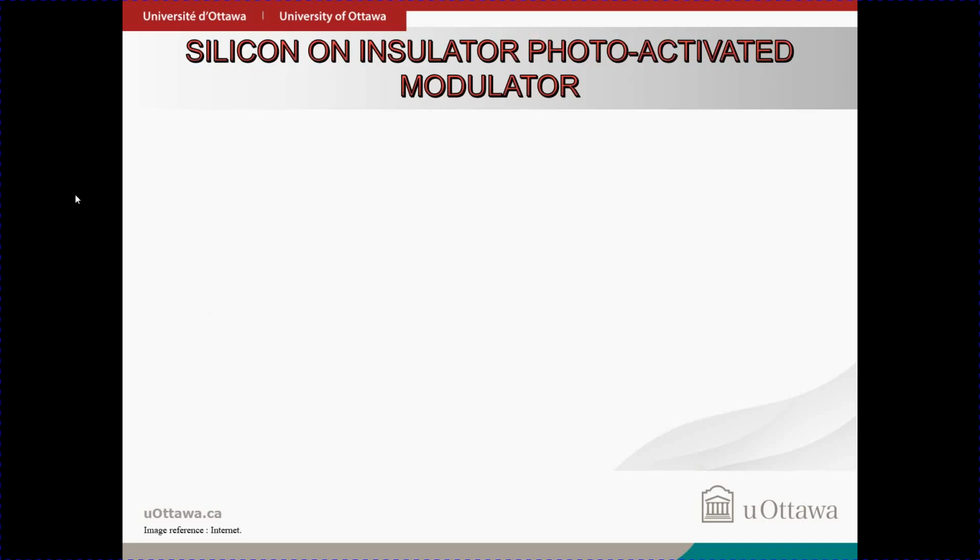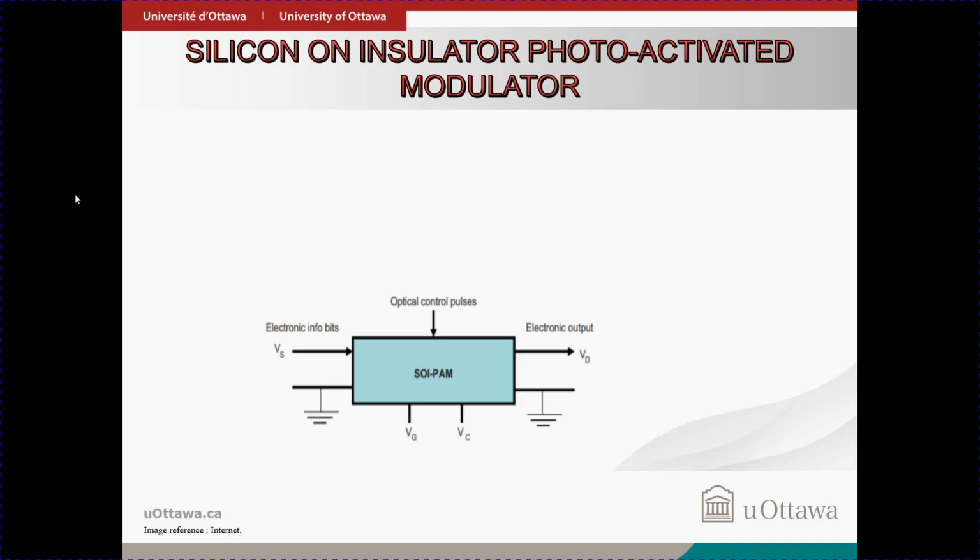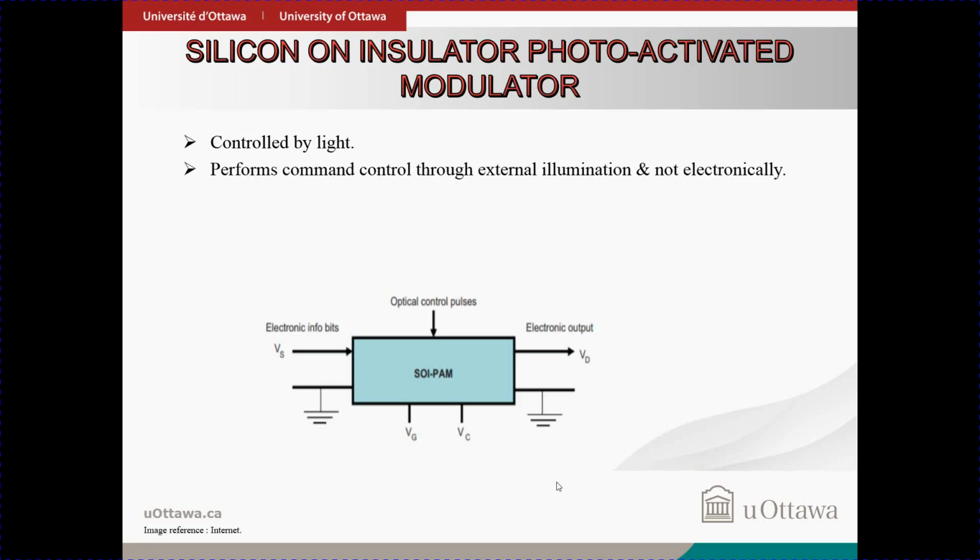And now we are talking about the device named silicon on insulator photoactivated modulator. This is the basic structure of the device, and this device is controlled by light. In this device, the commands are controlled through external illumination, not electronically.